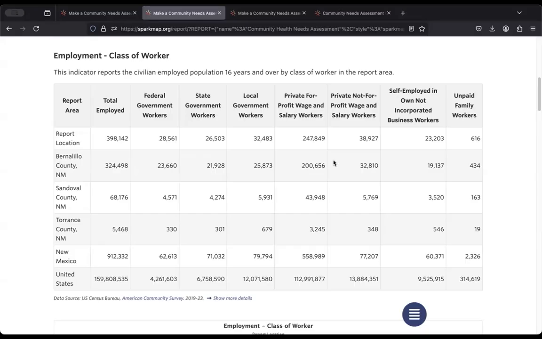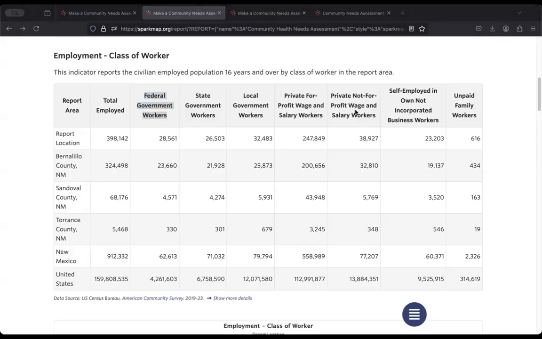So for example, we can see here under the federal government workers column, first the total number of people employed across these counties. And then we can see how many of those folks are employed by the federal government, state government, local government, for-profit, non-profit, and then self-employed or unpaid family workers.